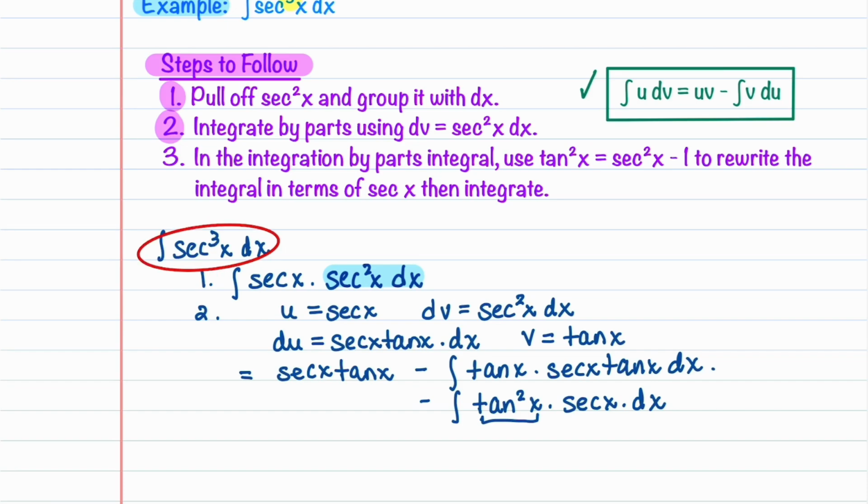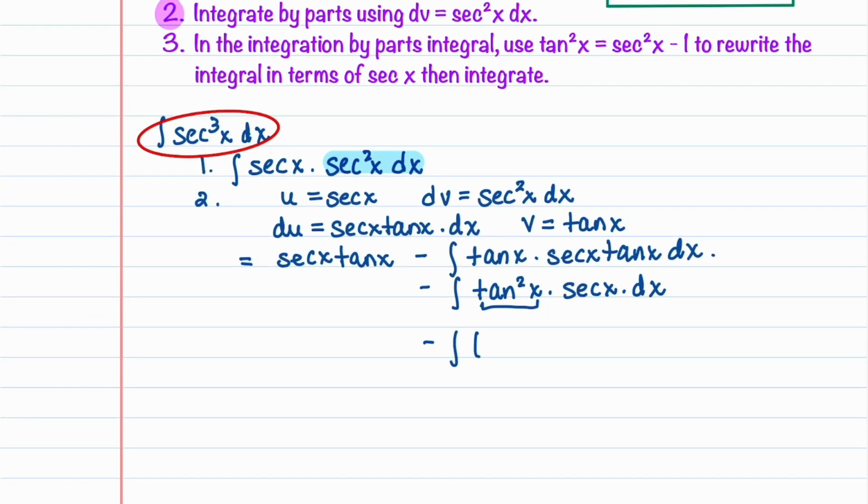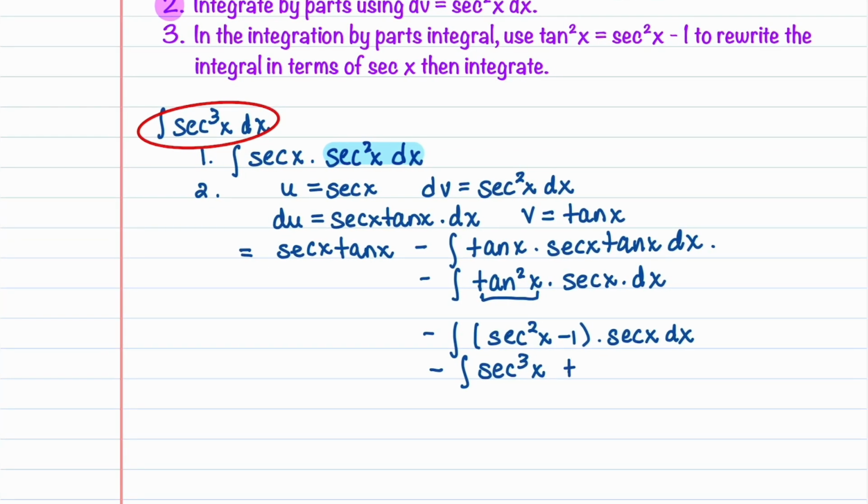So that's what we're going to do. We are going to make the substitution. Tangent squared is secant squared x minus 1, and we multiply that by secant x dx. So this becomes minus the integral secant cubed x, and then we have a minus and negative, so this is plus the integral secant x dx.